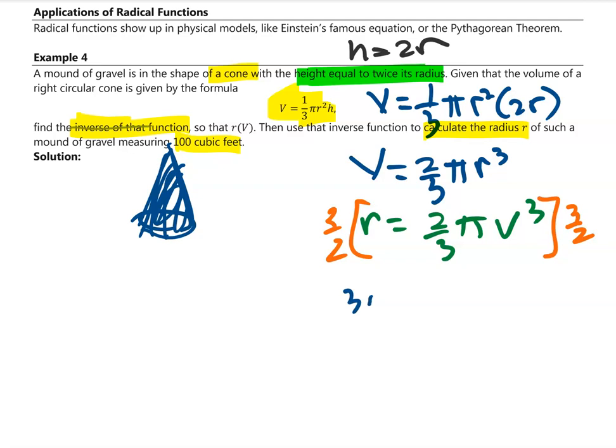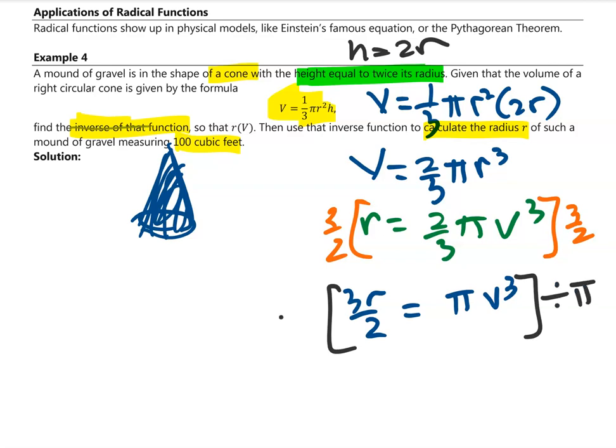So that is 3 over 2r equals pi v cubed, and then we divide both sides by pi. So that is going to be 3r over 2 pi is equal to v cubed.